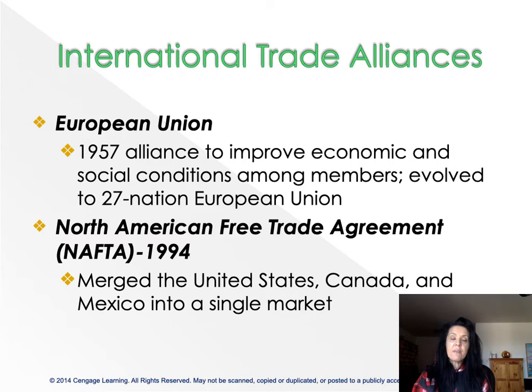And then we have the other trade alliance, which is the European Union, right? It was established as the European Economic Community initially in 1957 to improve economic and social conditions among its members, and has since expanded to a 27-nation alliance.